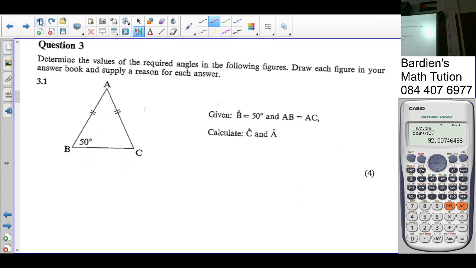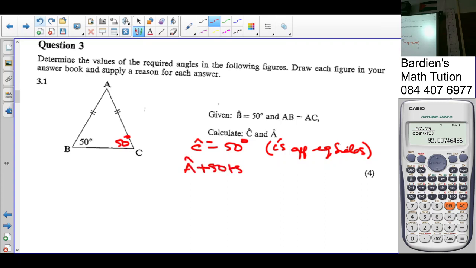Angle A can be worked out hereafter. So calculate C. We say that angle C is equal to 50 degrees. Why? Angles opposite equal sides. Right, how are you going to calculate A now? Sum of angles in a triangle. So angle A plus 50 plus 50 equals 180.